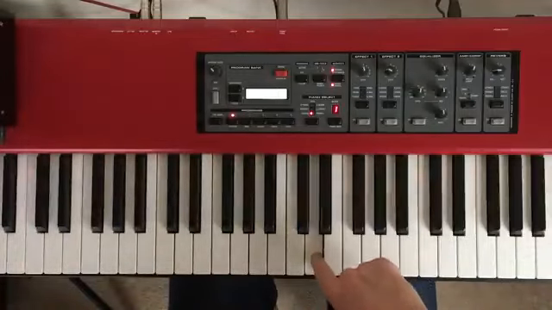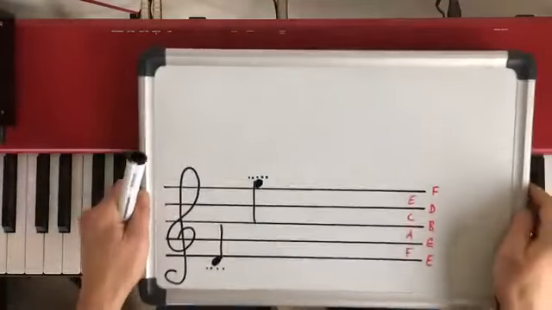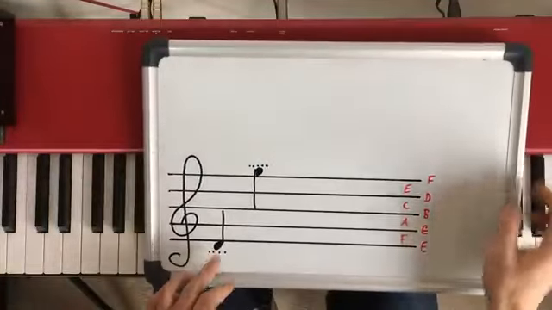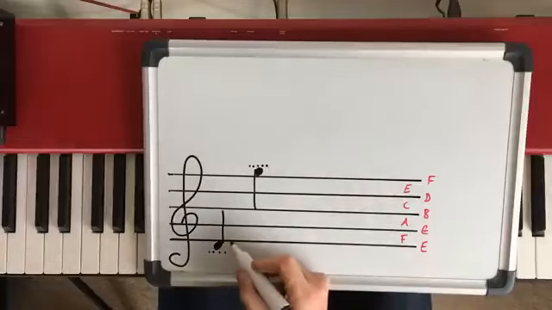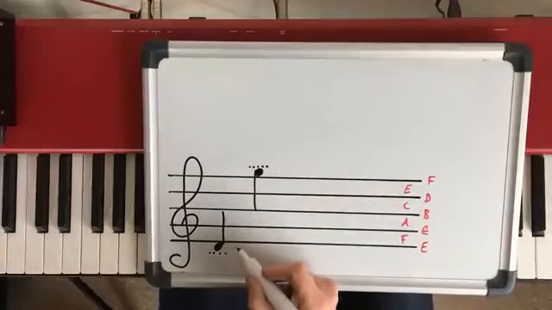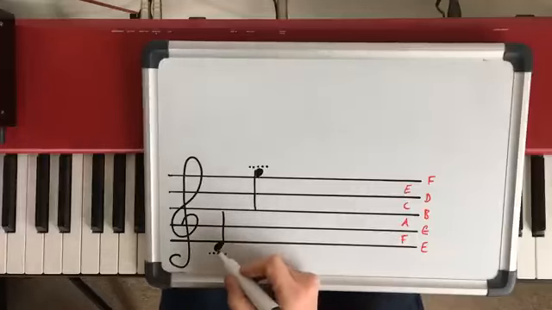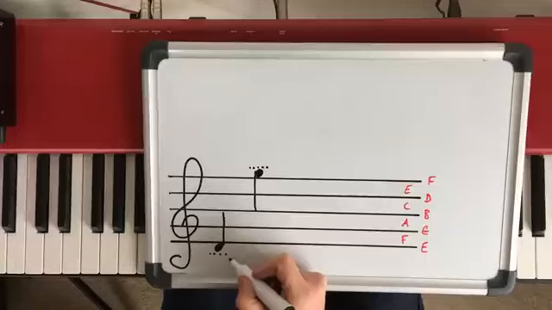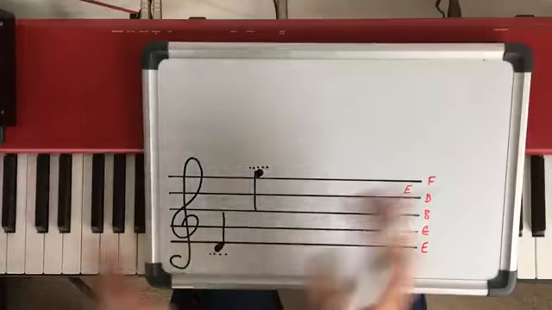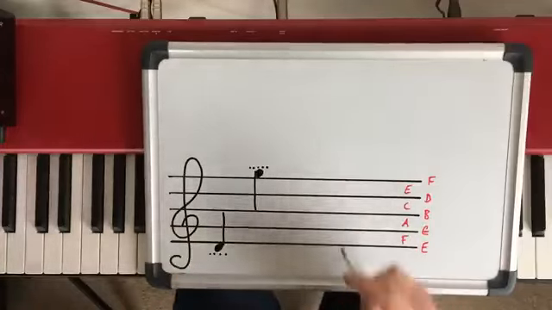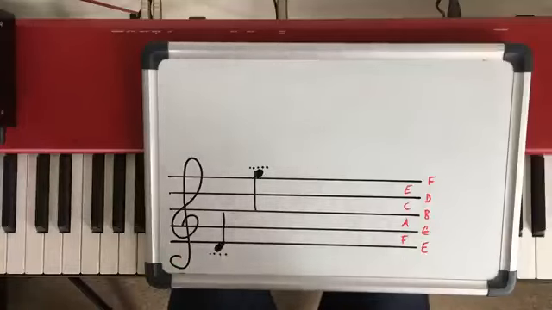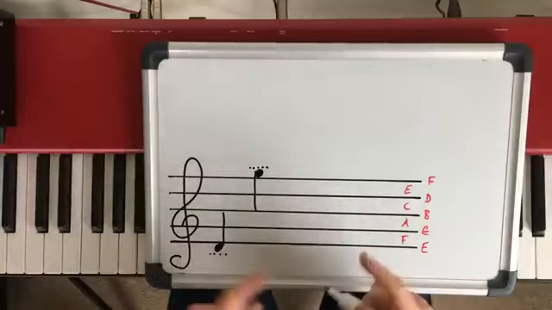Imagine we want to notate D first, right above middle C. Okay, here it is. We know that E is on this line. So D is the next note down, and it should go in the space between the E line and the line after that. But there don't seem to be any more lines and spaces. The key point is that actually there are, but most of the time they're just not written in.